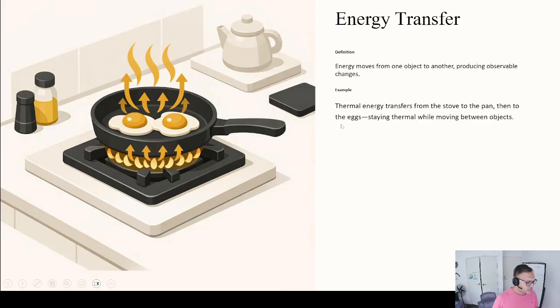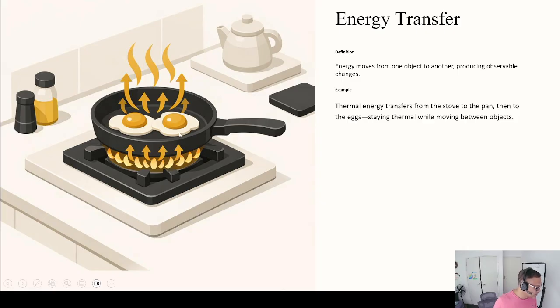So what is energy transfer? Energy transfer is basically energy moving from one object to another. In this picture, you can see that there is this heat energy, thermal energy, right? Because there is a gas or maybe electric oven. But let's take gas. Actually, you can take anything. But we are talking about thermal energy here right now. So you see it gets transferred to this pan first, right? It becomes hot.